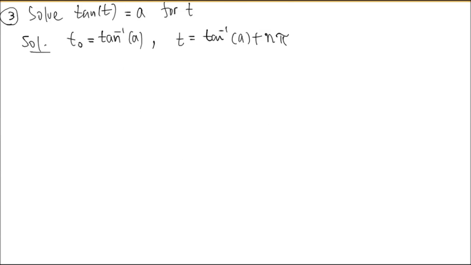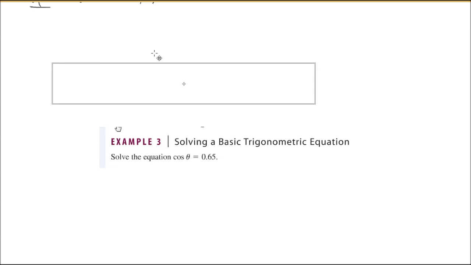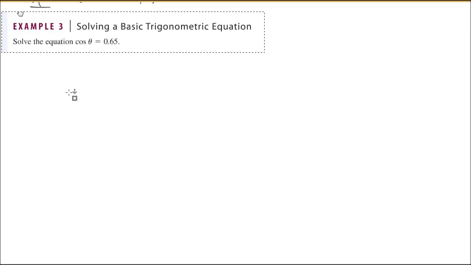All right, none of these things will be given. So let's use this as an opportunity to think about it. There is cosine theta equals a. Then you're going to hit cosine inverse, right? That's easy. Keep that to 4 decimal places in radians, and think about what to do. That is not the only solution. Adding 2 pi is the easy part, but there are two types of solution for cosine.